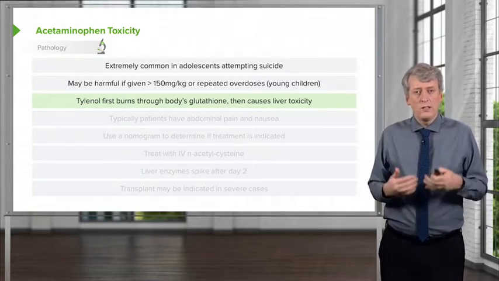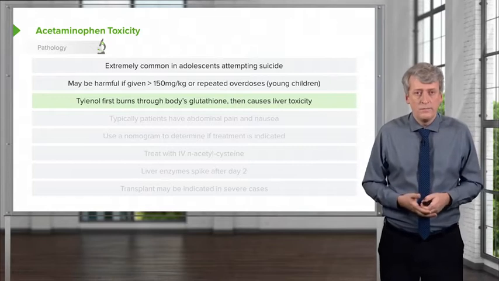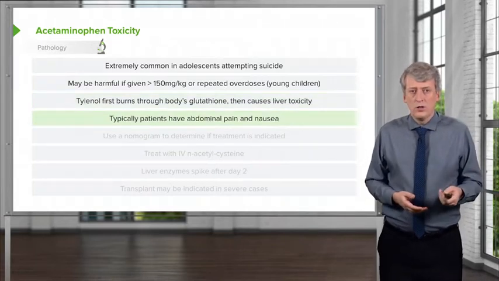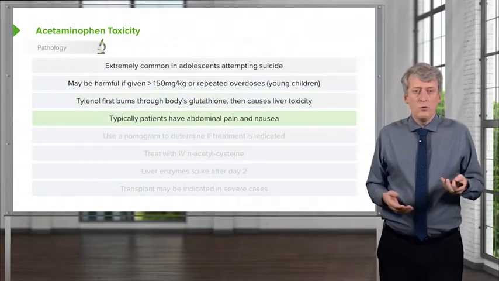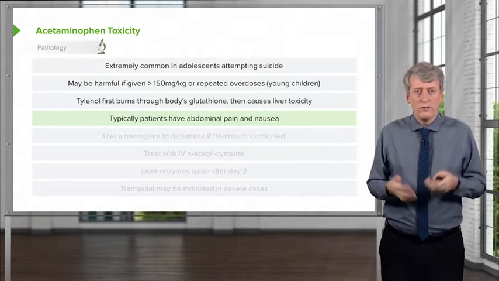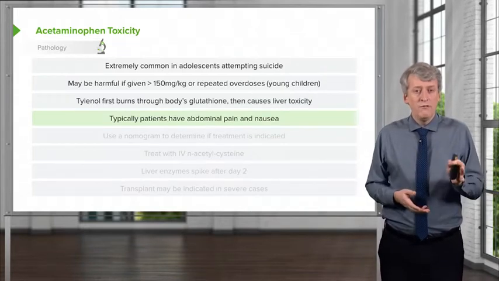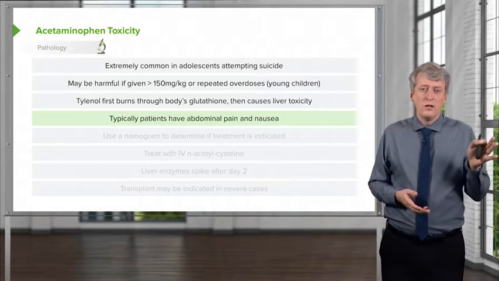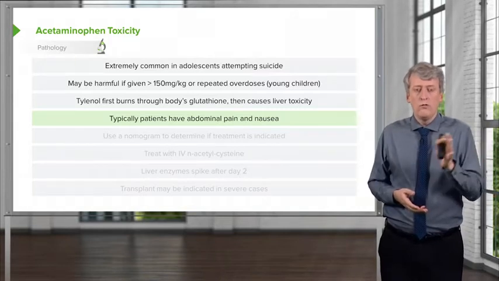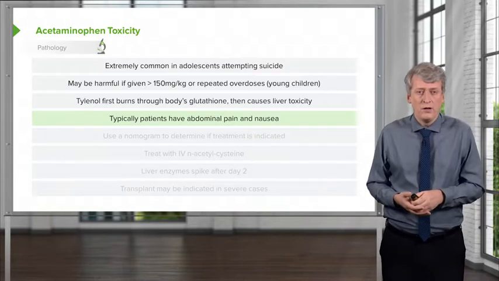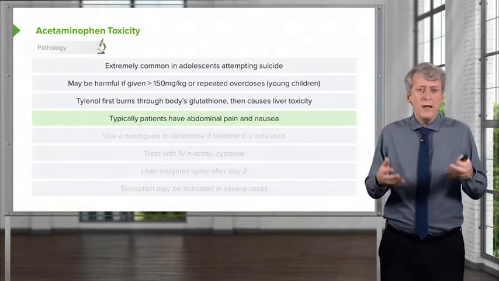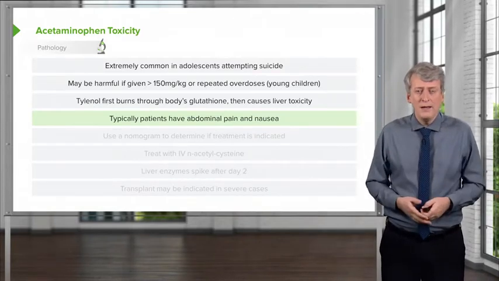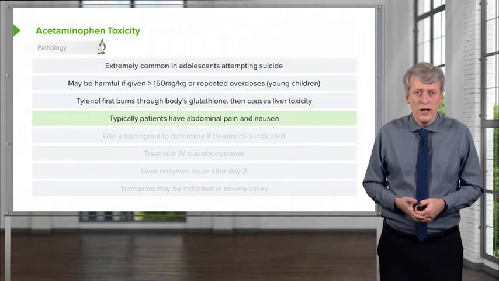So we can tolerate small doses, not large doses. It typically occurs in patients who have ingested a large dose of medication, or infants who are getting small doses or even normal doses at too frequent an interval for too long of a period of time. So patients usually have abdominal pain and nausea when they take too much Tylenol.